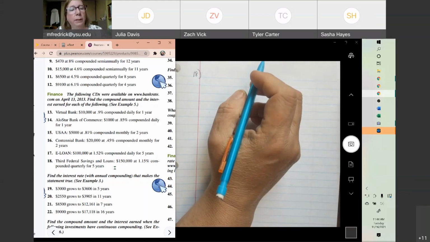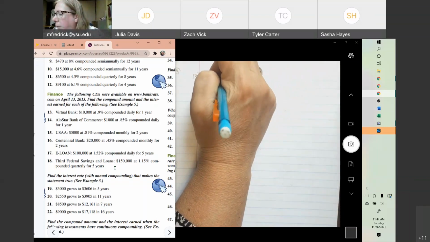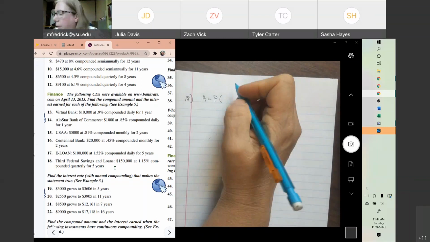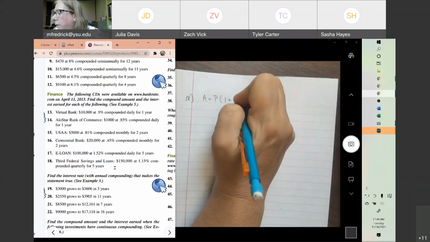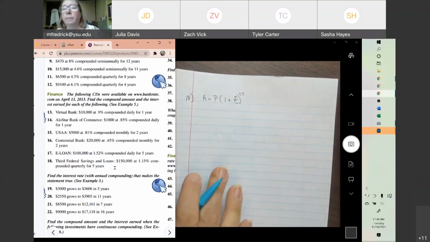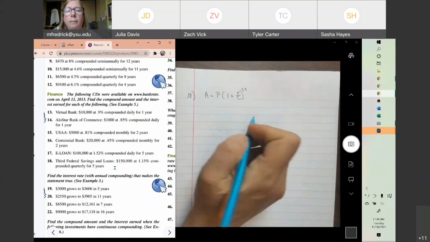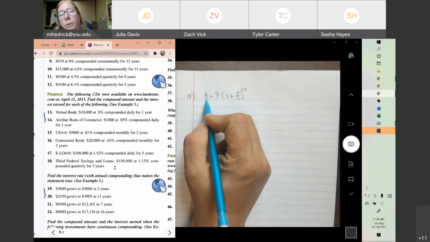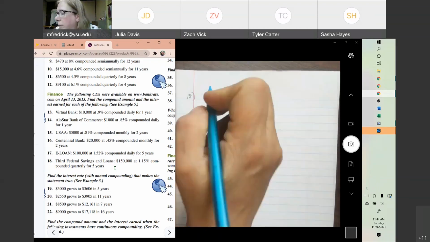Compounded amount, and it's compounded quarterly, so that would be A equals P times 1 plus R over C to the CT. A is what we're looking for because that's the compounded amount, the future value.